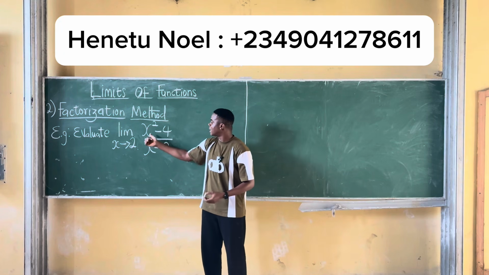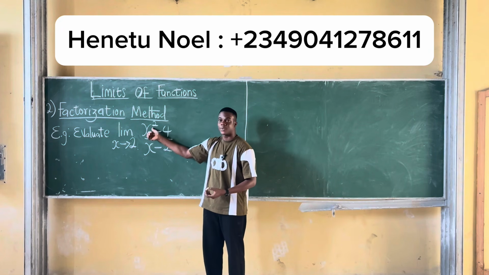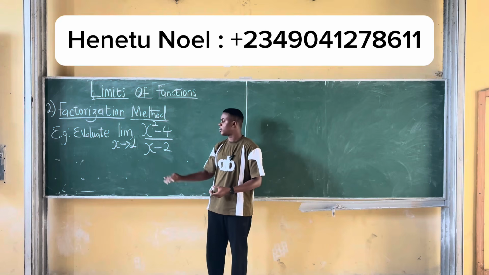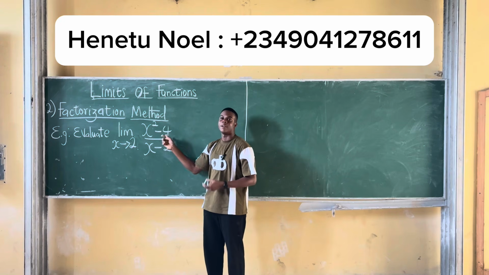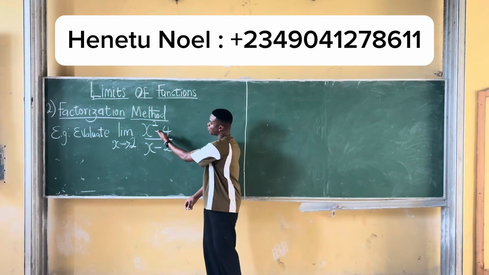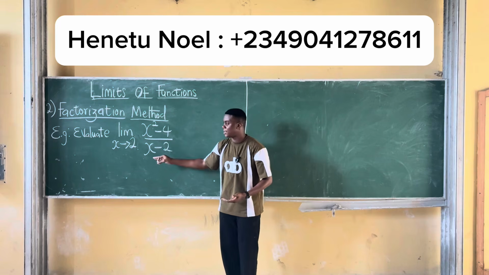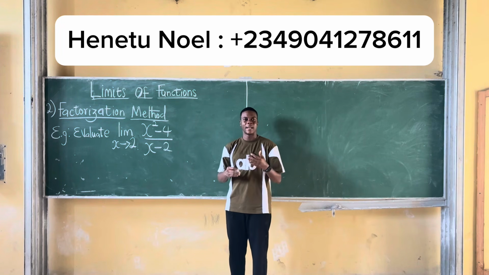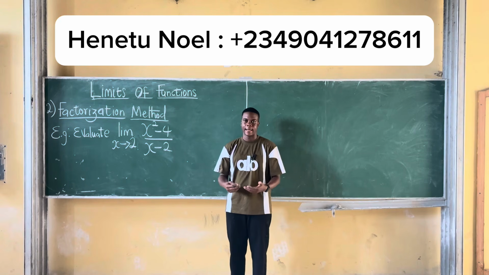So that means we're going to be having 4, 2 squared is 4, so 4 minus 4 over, and the denominator, 2 minus 2, which will give us 0. At the top, we're going to have 0. So if you use direct substitution here, what we're going to be having is 0 over 0. And we know that that is undefined, that is indeterminate. We can't have a function like that.